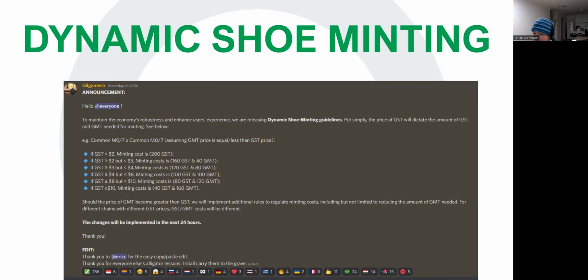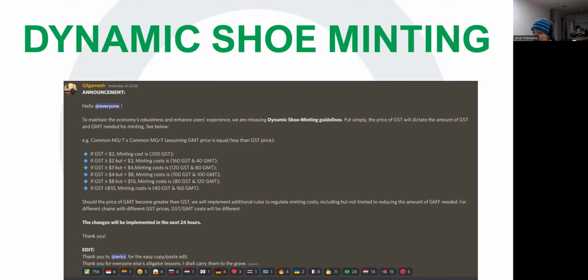See below. So they had a breakdown, an example for the common zero mint minted with another zero mint shoes. They said at the end, should the price of GMT become greater than GST, we will implement additional rules to regulate minting costs, including but not limited to reducing the amount of GMT needed.